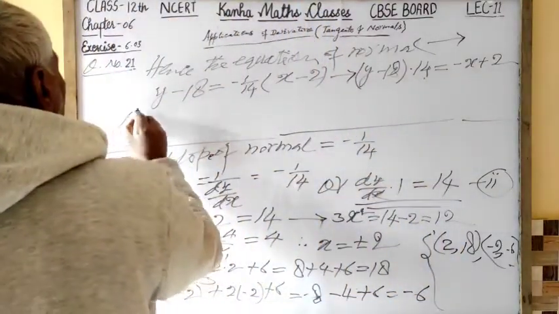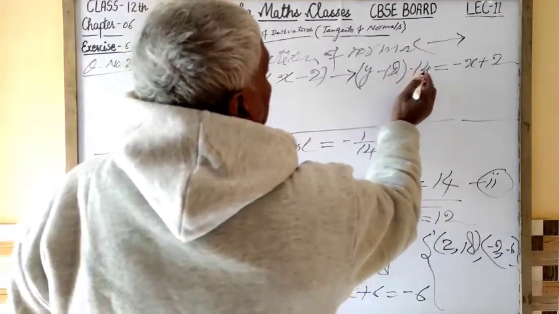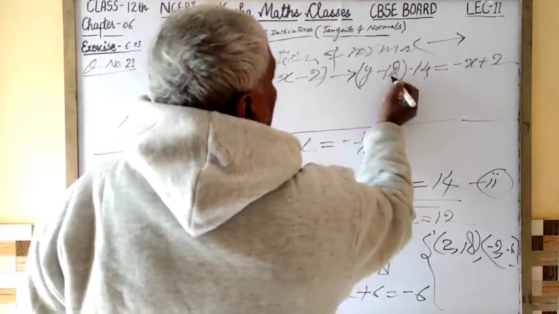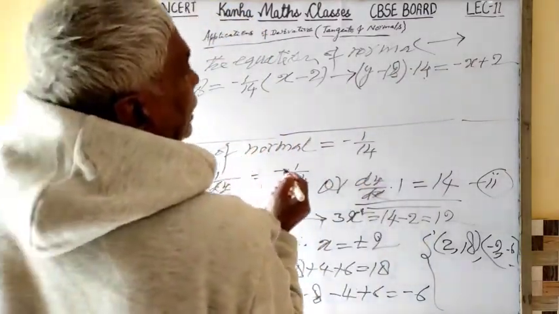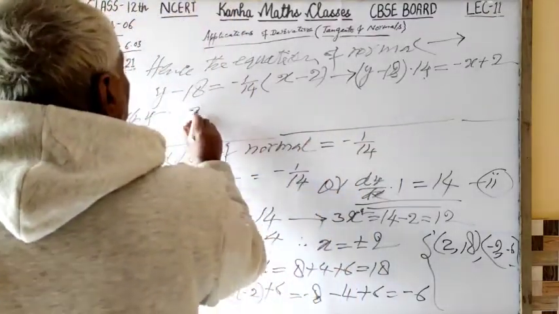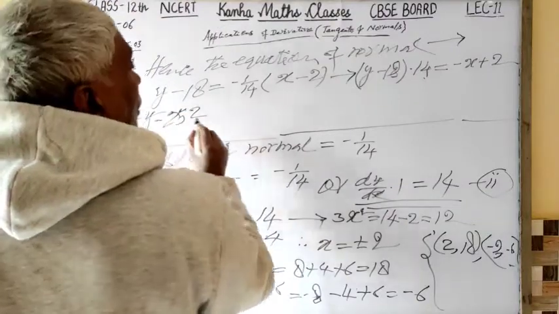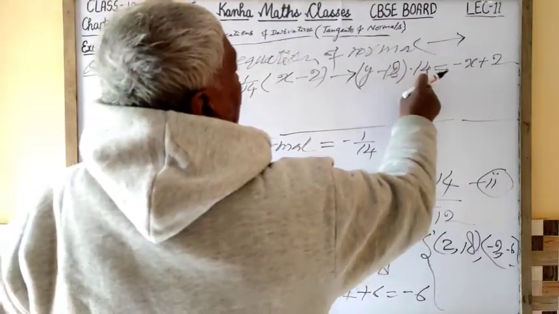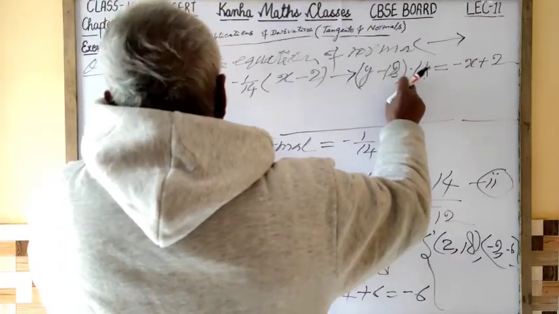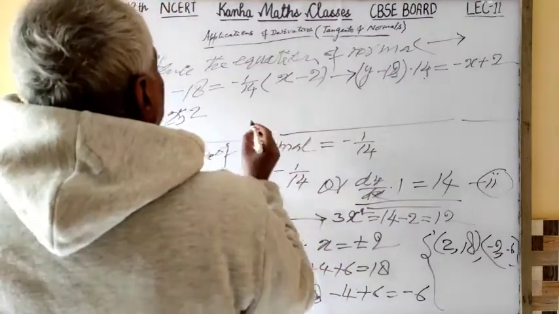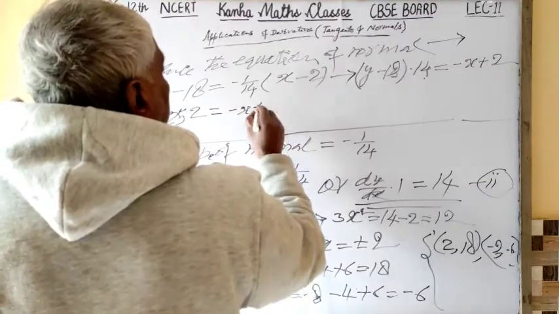So 14y minus 18 multiplied by 14, that is 252, is equal to minus x plus 2.